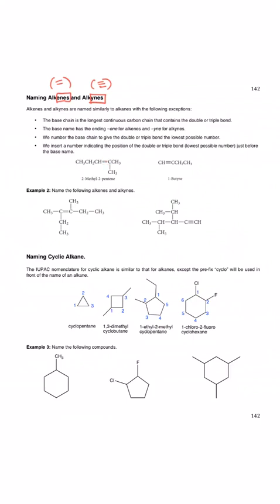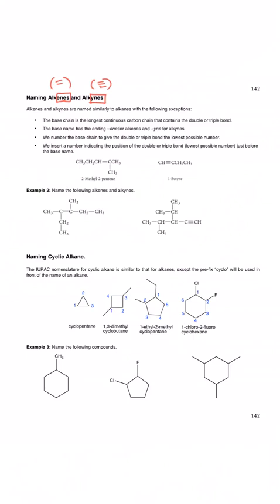Okay, so now whether we count this as carbon number 1 or count this carbon as number 1, that's when you will need to look at the location of the double bond. The double bond need to be on the carbon at the lowest number position, right?